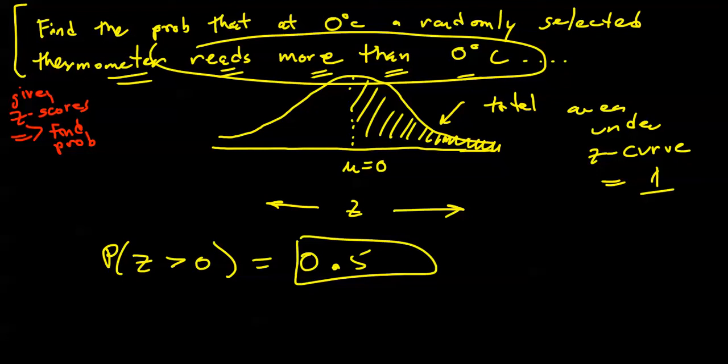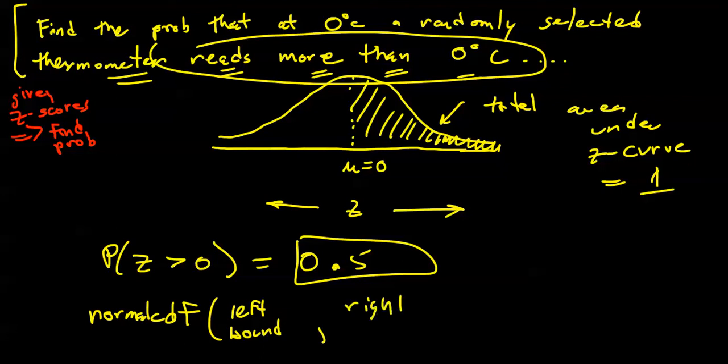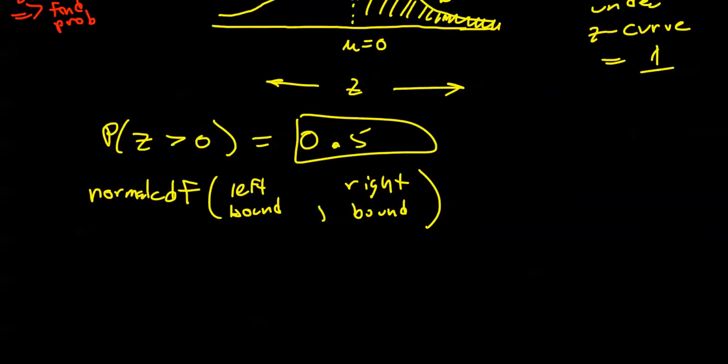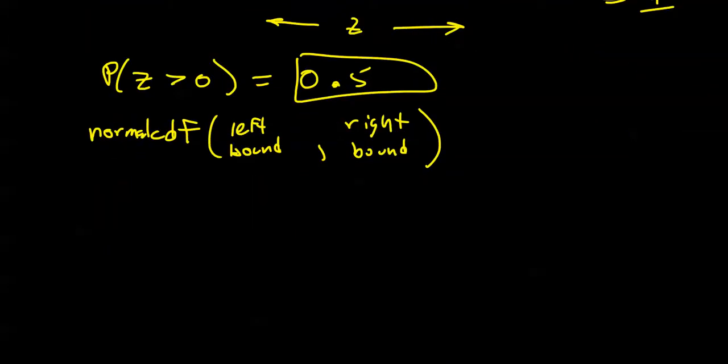Alright, let's say we didn't know that, and we want to use the normal CDF command to figure this out. Well, the trouble is, with the normal CDF command, you've got to put in a left boundary, and you've got to put in a right boundary. That is how the syntax is designed on the TI-83 or 84.